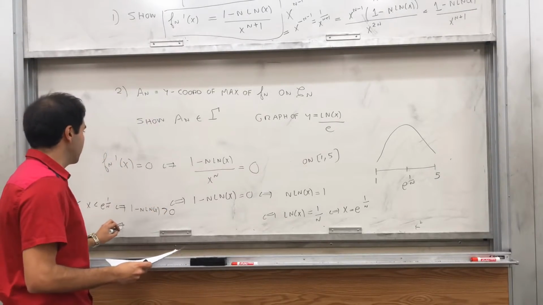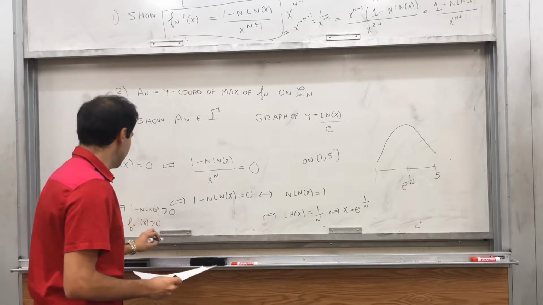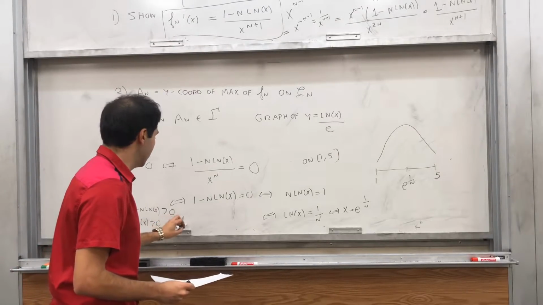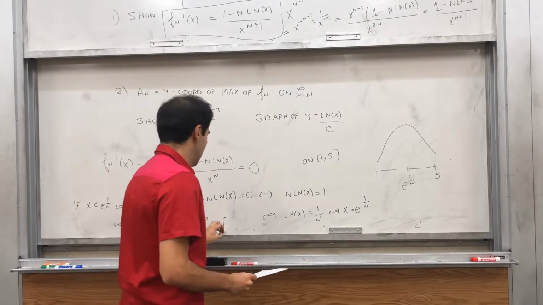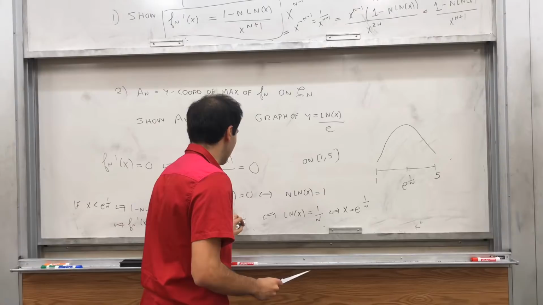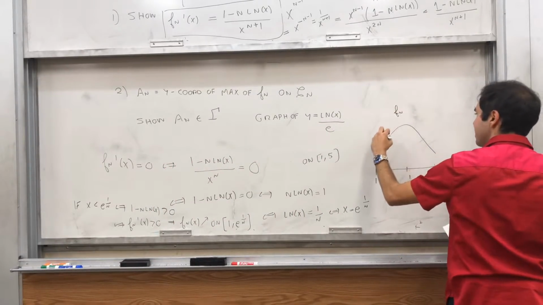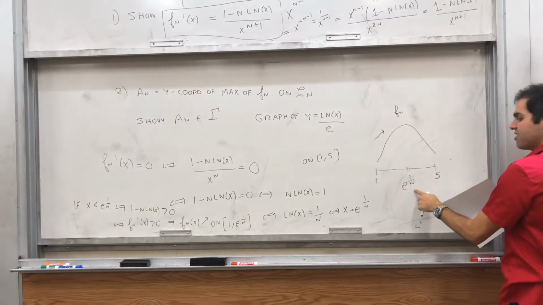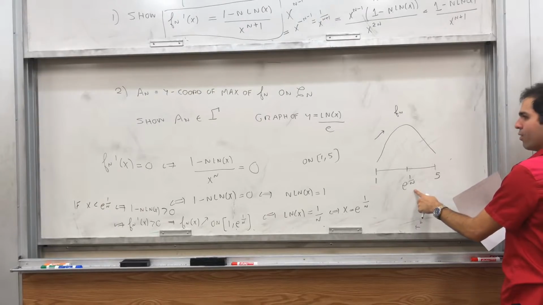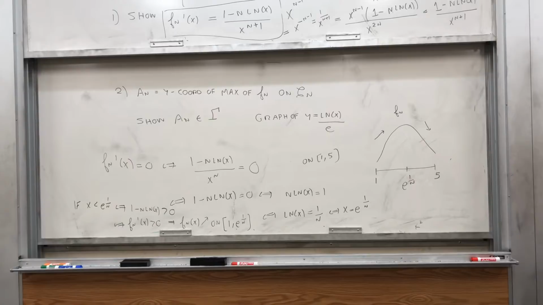And this is the same thing as saying fn prime of x is positive, which tells you fn of x is increasing on 1 comma e to the 1 over n. So each function here is increasing here, and similarly you can show if x is greater than e to the 1 over n, this is decreasing. So let me just double check. I think that's true. Okay.